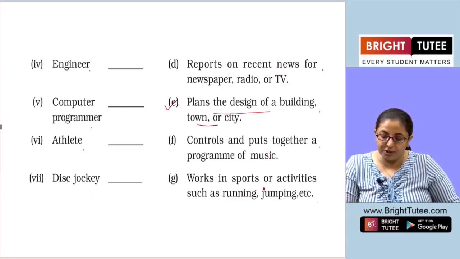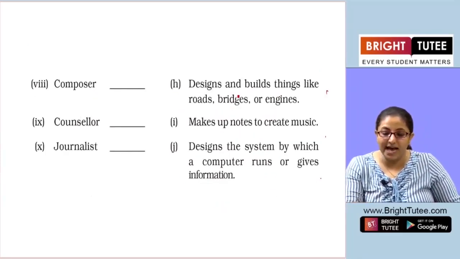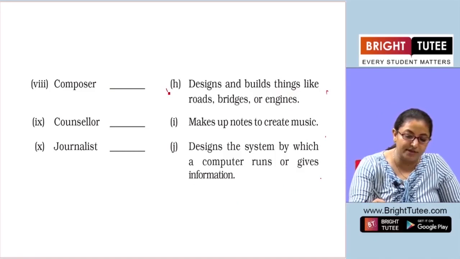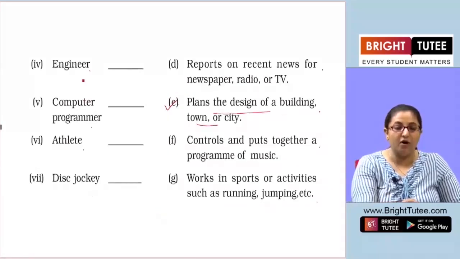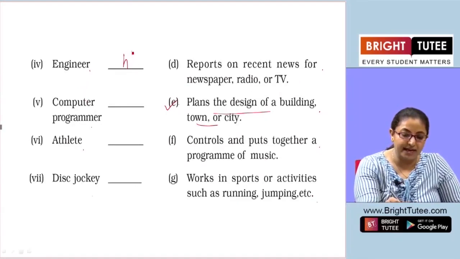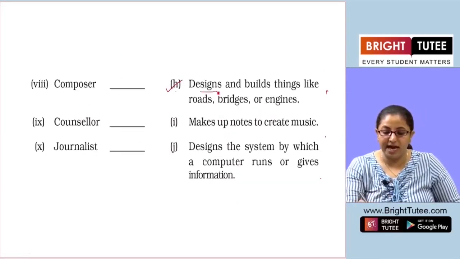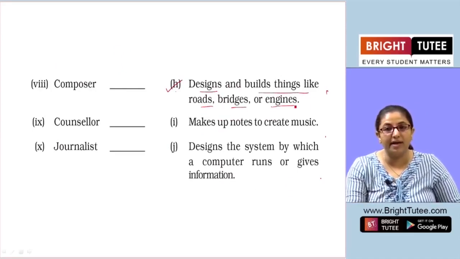No. Works in sports or activities such as running, jumping? No. Designs and builds things like roads, bridges or engines. So this would be the right answer. H would be the right answer for engineer. An engineer is a person who designs and builds things like roads, bridges or engines.